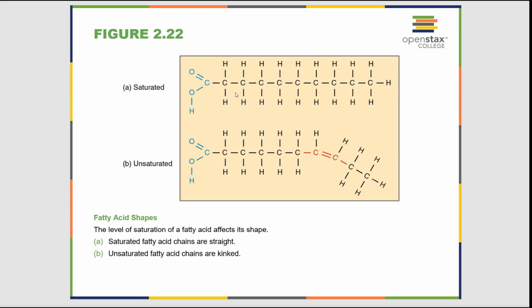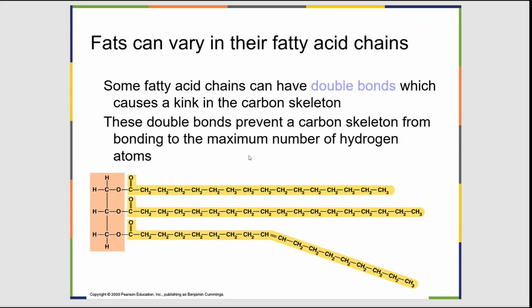If all of the tails are straight due to all single bonds, it's considered a saturated fat. If there are any double bonds along this fatty acid chain, it causes it to be kinked. That kink prevents them to pack really close together, and that's going to cause a chain reaction we're going to talk about here in a second, okay?